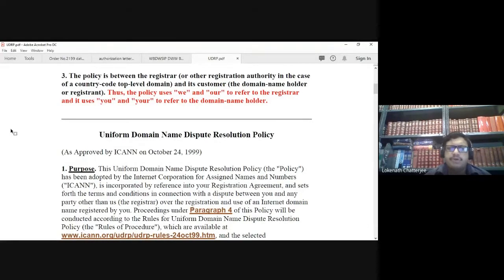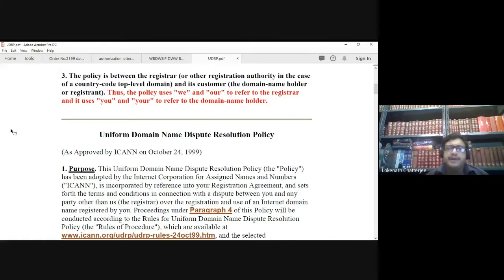Say, with respect to ICMAI. When a website is being registered, the cost accountants would also be having a website, say icmai.in. So here the relationship is between the registration authority and ICMAI. ICMAI is the customer.